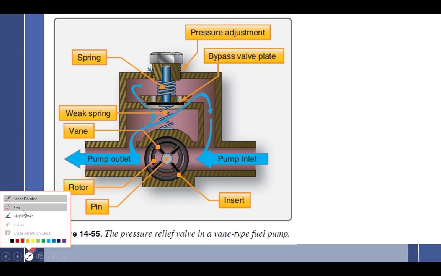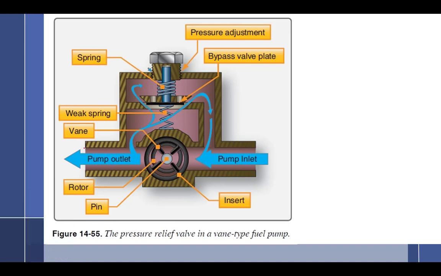So if I hook the pump up to something, we'll say a fixed orifice, and right here I put a pressure gauge, and over here I put a little wheel that's attached to a flow gauge, so I can monitor pressure and flow.